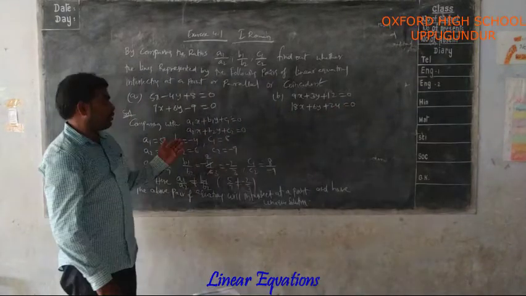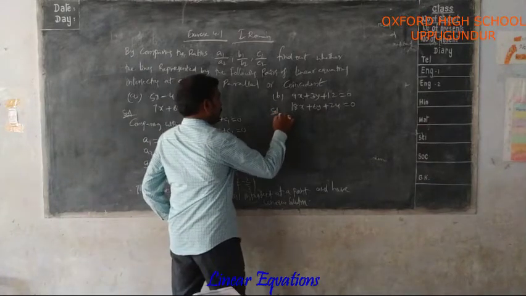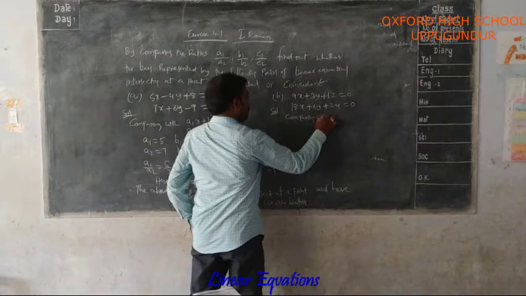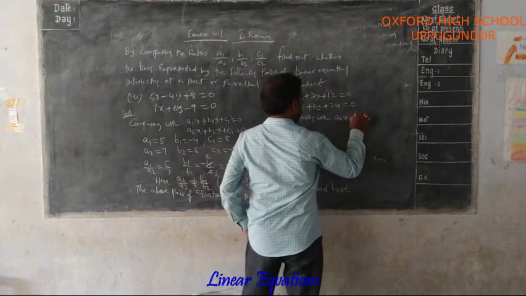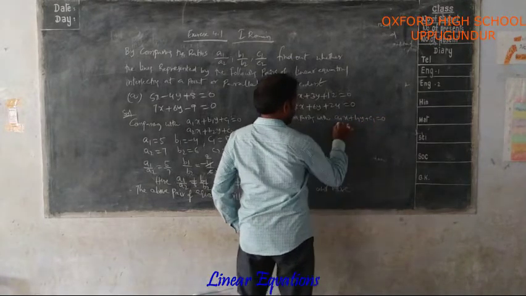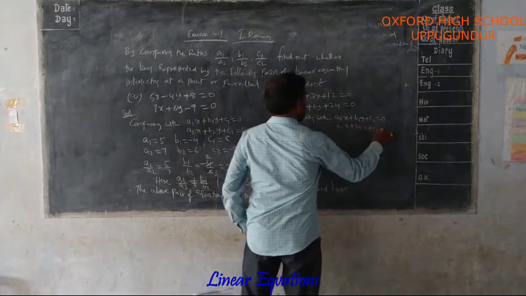This one also you have to do in the same manner. First what you have to do, you have to compare the given equations with A1x plus B1y plus C1 equal to 0, A2x plus B2y plus C2 equal to 0.